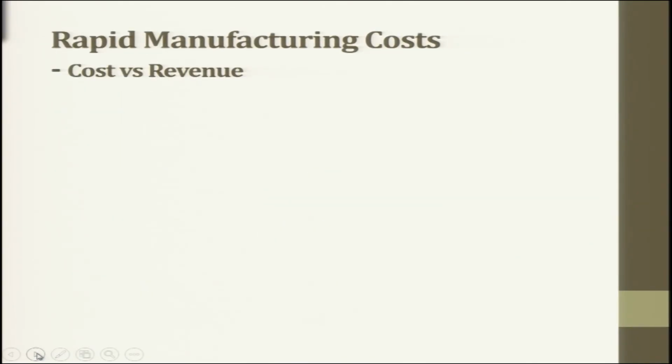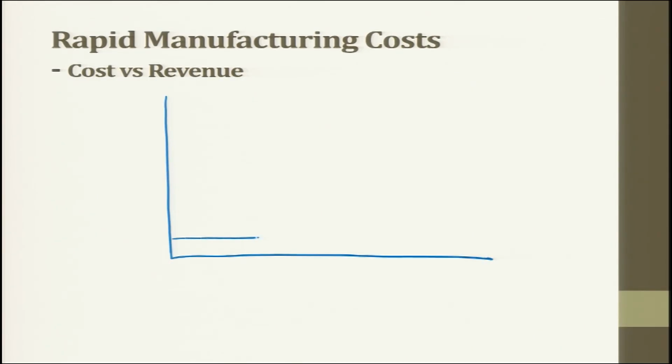Now, cost versus revenue. In general or traditional manufacturing, it is something like this. We have fixed cost here, that is fixed when we start. This is the total cost or revenue.